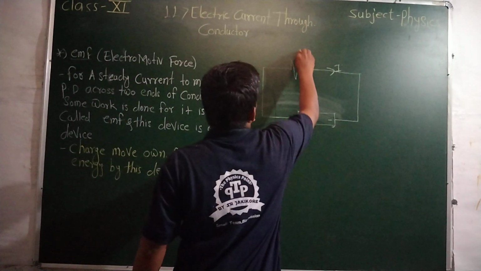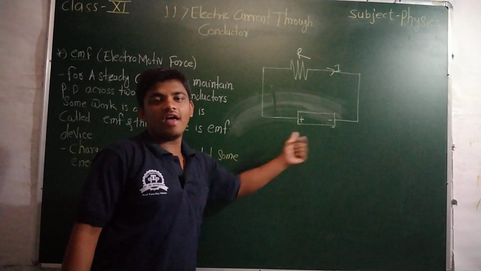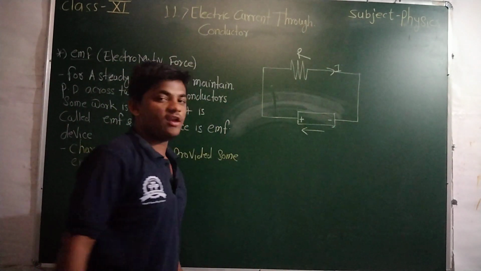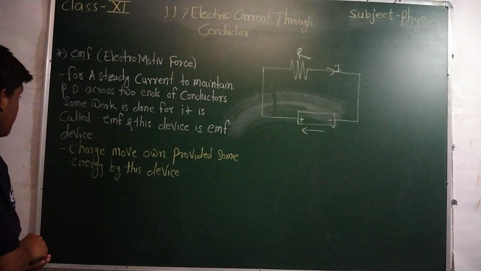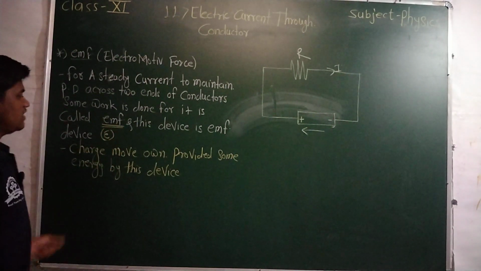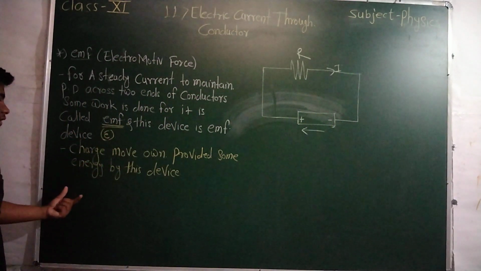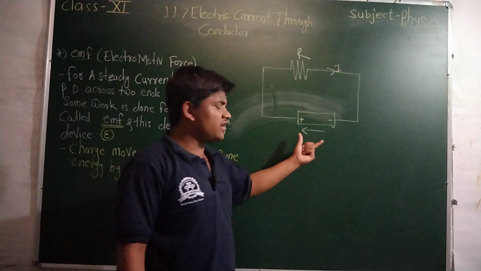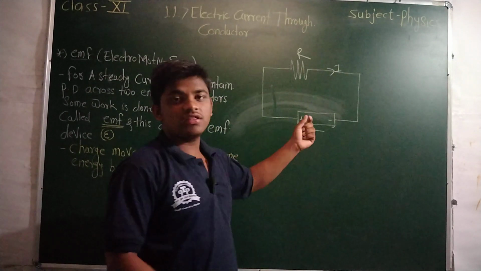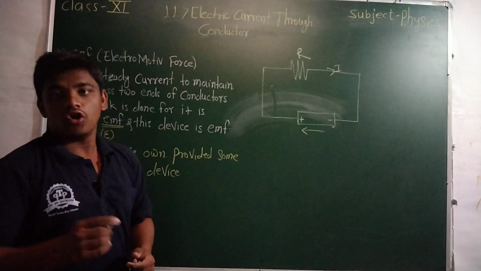The EMF device is shown by an arrow, and the EMF is represented by the letter epsilon. The positive terminal has the higher potential and the negative terminal has the lower potential.